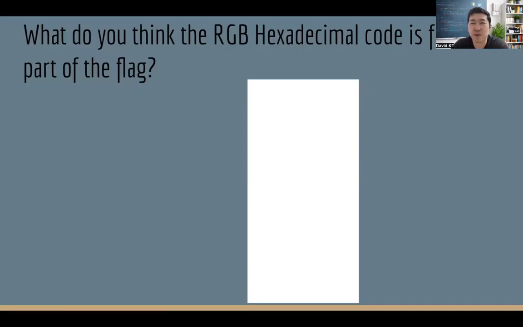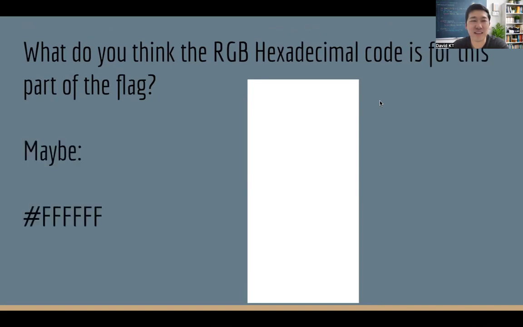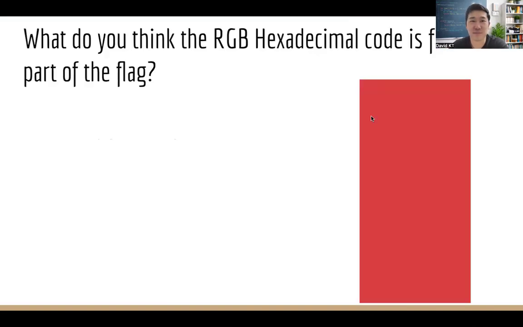Now, the middle of the French flag is white. So what do you think the hexadecimal color code is for this? That's right. FF, FF, FF. How about here? Imagine this is the purest red. It would be, remember, RGB, FF0000.